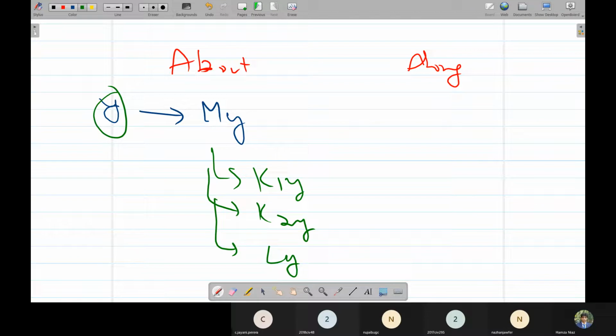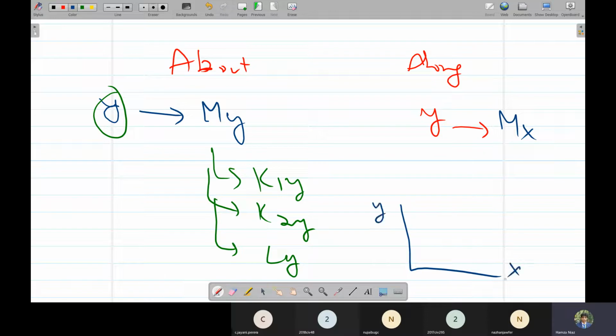Okay, and for along this is opposite. For example, if they are saying along y-axis, it means movement about x-axis. This is y-axis, this is x-axis. They are saying along y-axis. This is along y-axis. So for along y, the movement would be about Mx.